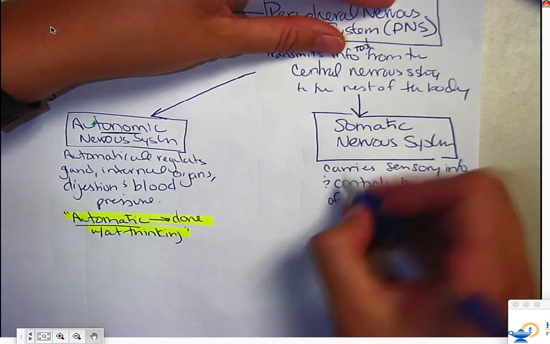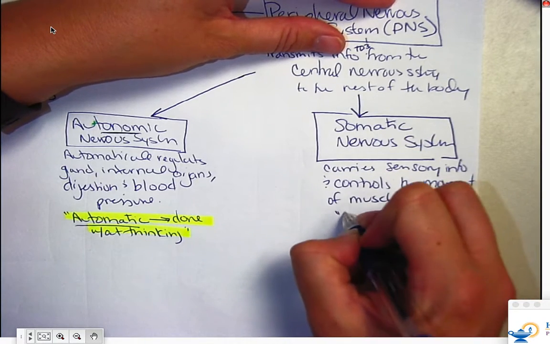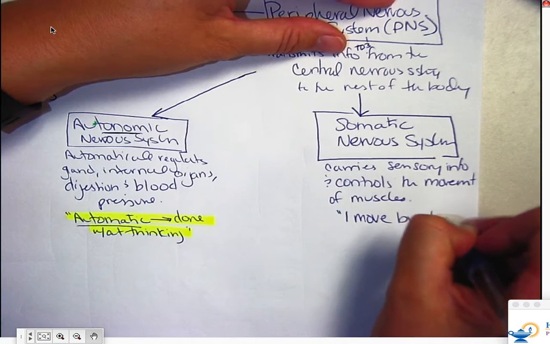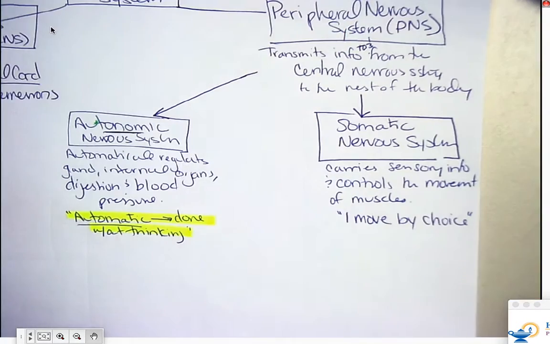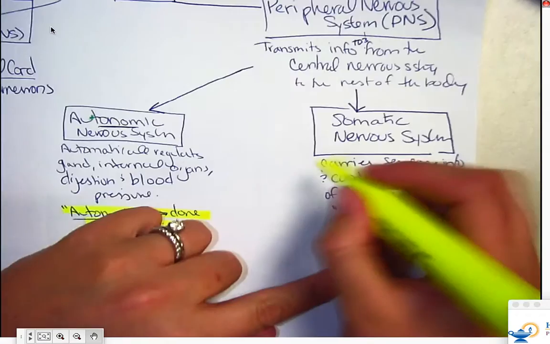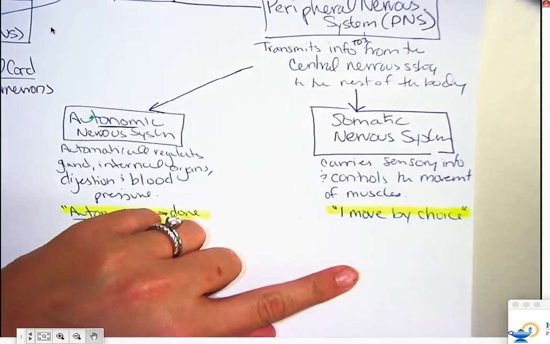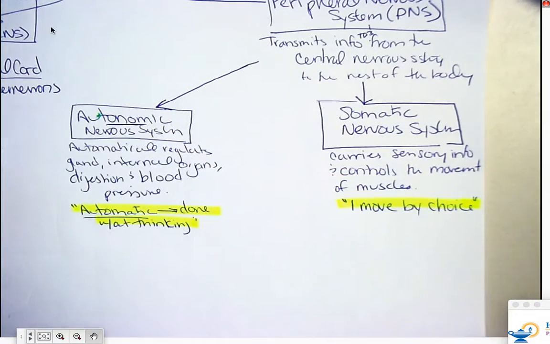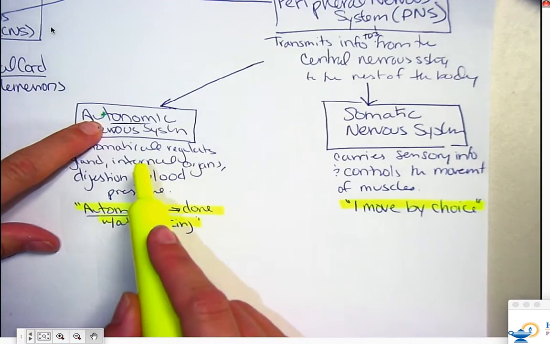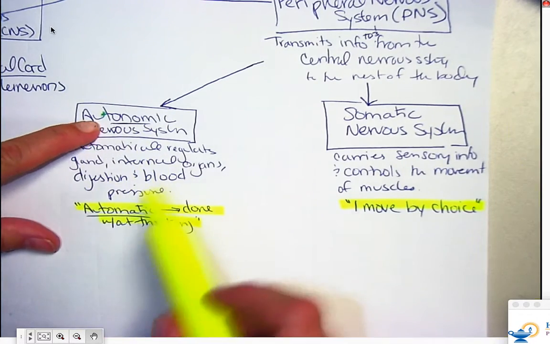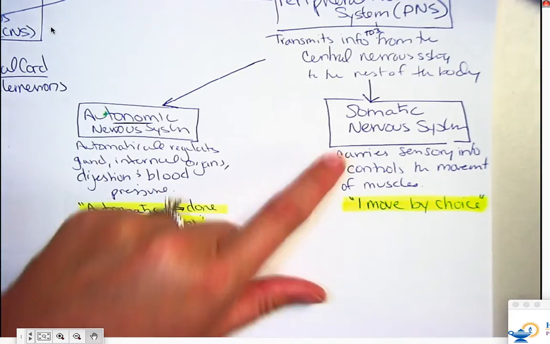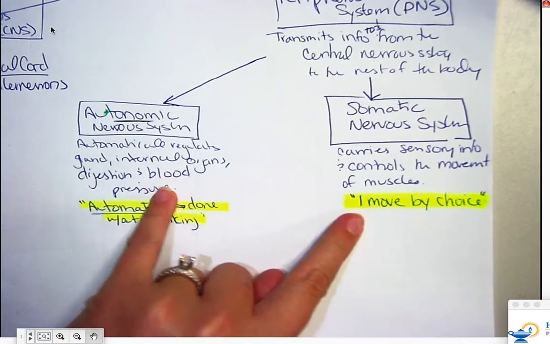How I always remember this is I move by choice. Anytime you do something because you want to do it, like right now, I'm picking up this highlighter and highlighting this because I want to, to make it clear. That is my somatic nervous system doing it. Right now, my autonomic system is digesting my lunch. My somatic nervous system is writing and highlighting things because I want it to. Everyone sees the difference between the two.